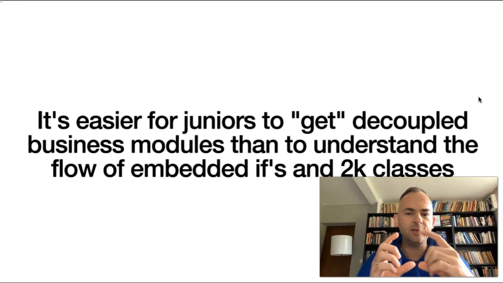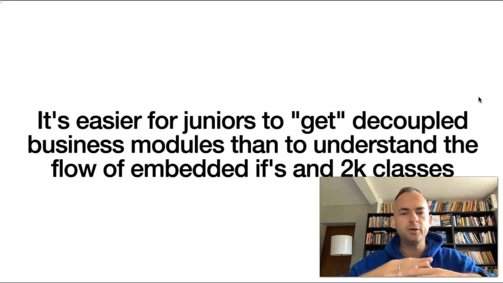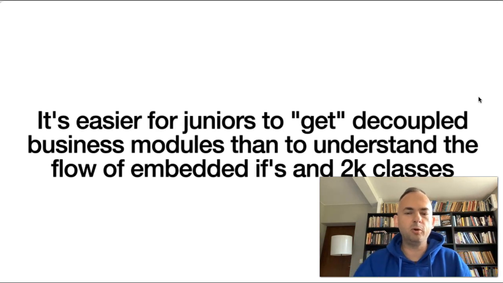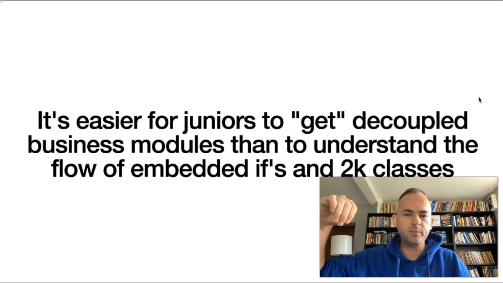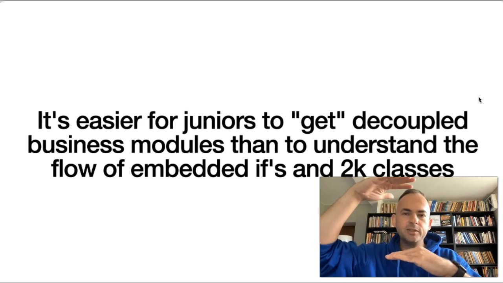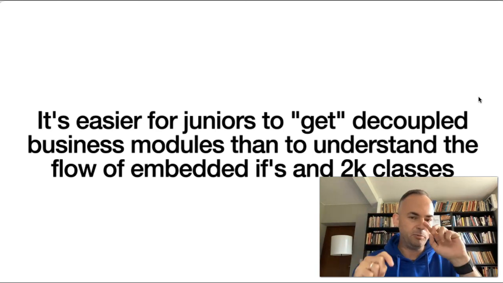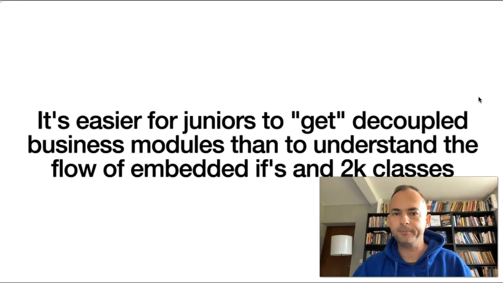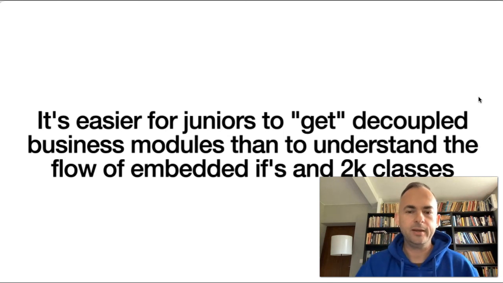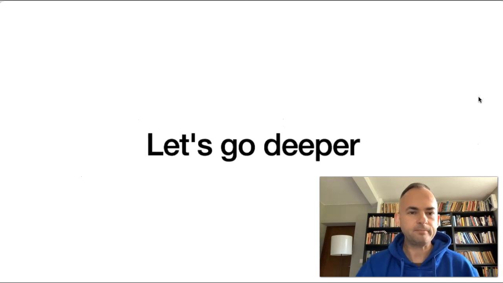It means at some levels they are coupled together, and then you have a flow of very deeply embedded if statements, and then you have really large classes, and then those juniors have to get it, and I would say this is more difficult for them. That's my hypothesis.